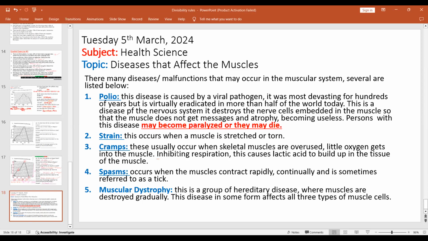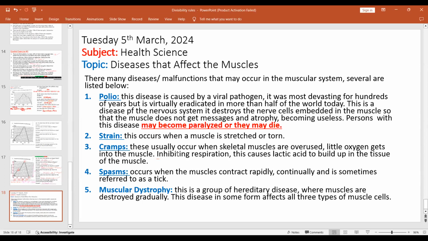Okay, which type of muscular disease is caused by a viral pathogen? Polio. Polio, very good. Which type of muscular condition is caused because of an overuse of the skeletal muscles? Cramps.